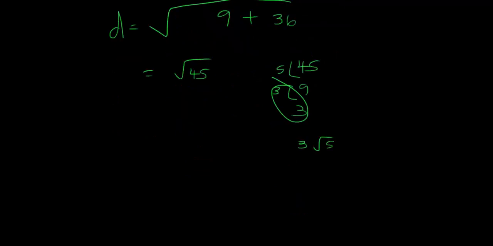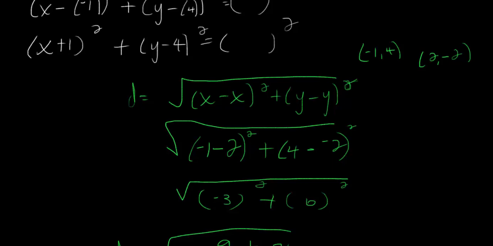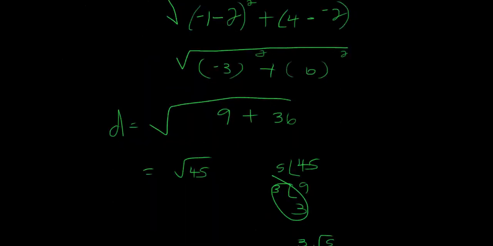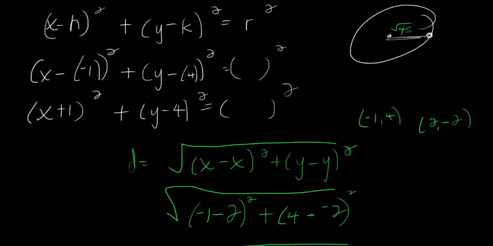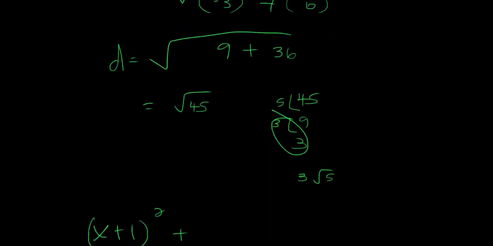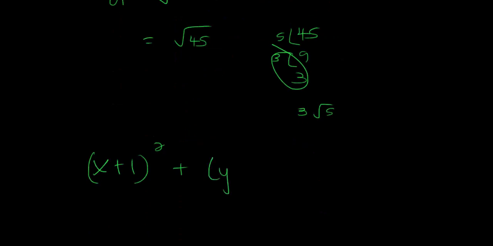Okay, so now for my equation of the circle, I'm going to copy paste this up here: (x plus 1) squared plus (y minus 4) squared equals (3 square roots of 5) squared.